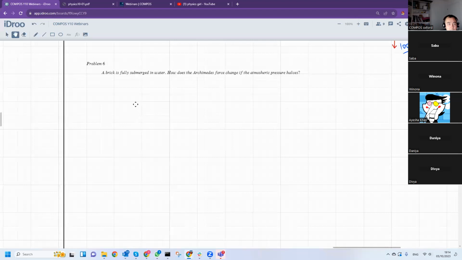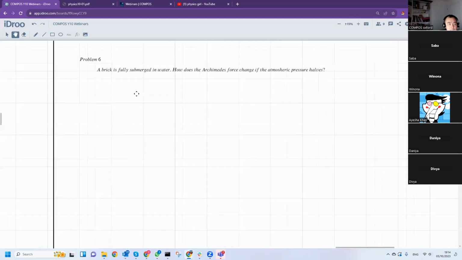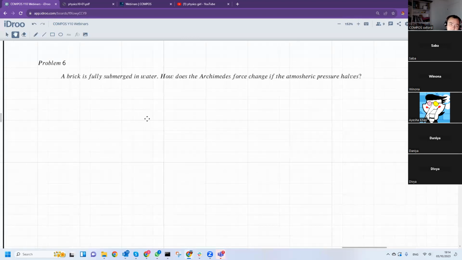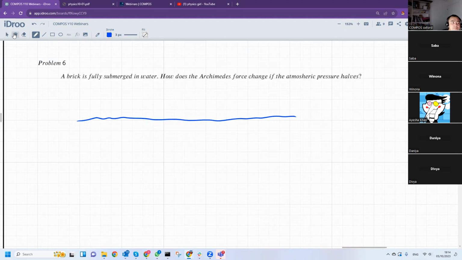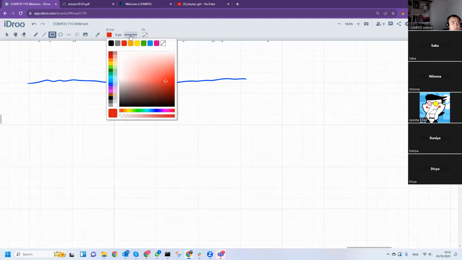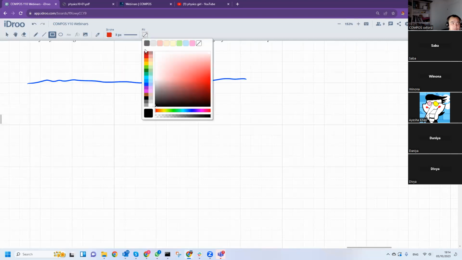A brick is fully submerged in water. How does the Archimedes force change if the atmospheric pressure halves? I love this question, but does anyone know? This is a trick question.